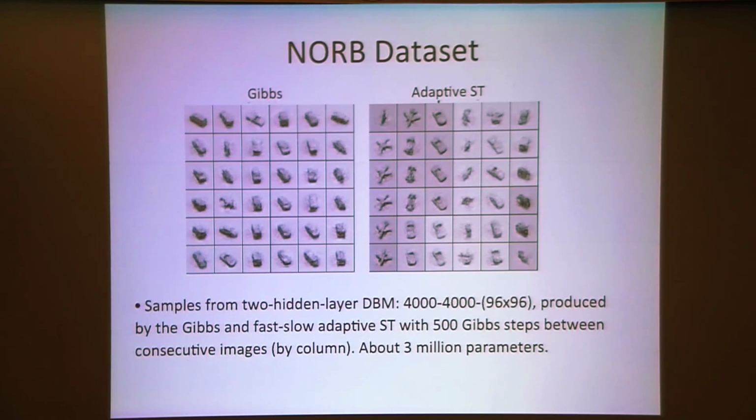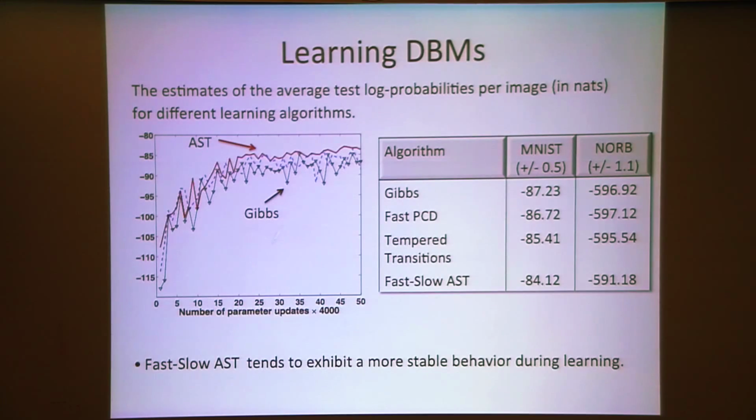This is another example where if you use standard Gibbs, it typically gets stuck. With adaptive simulated tempering, you can move around the space much more efficiently. And in terms of trying to figure out which model actually works better, an interesting thing is that with adaptive simulated tempering, the learning dynamics become much more stable than using stochastic approximation that uses Gibbs sampling.